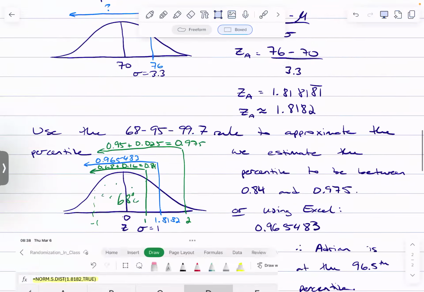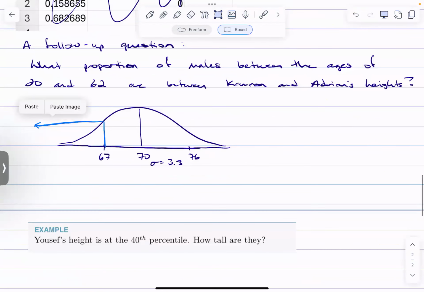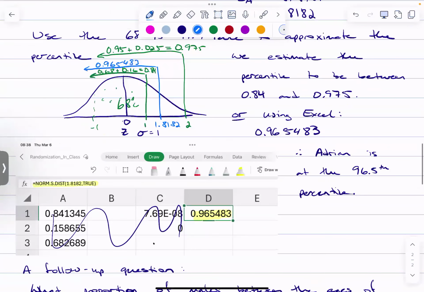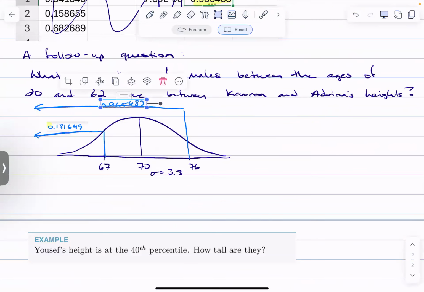Copy. Paste. And we found that this area was this. Copy. Paste.